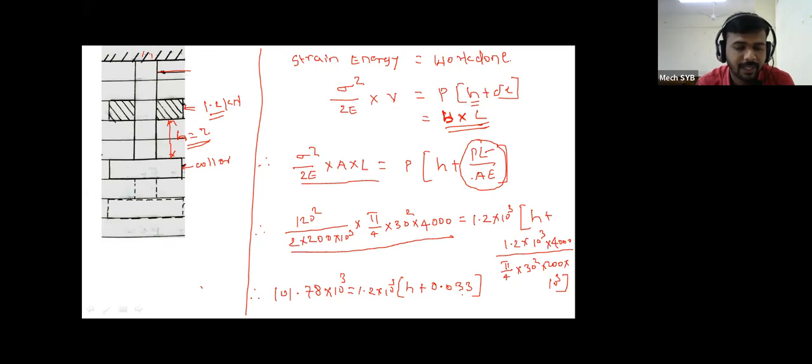Simply we have to calculate delta L is equal to PL upon AE. P value is given, length is given, area is given in the form of diameter, pi by 4 d square, and multiplied by E. 0.033.